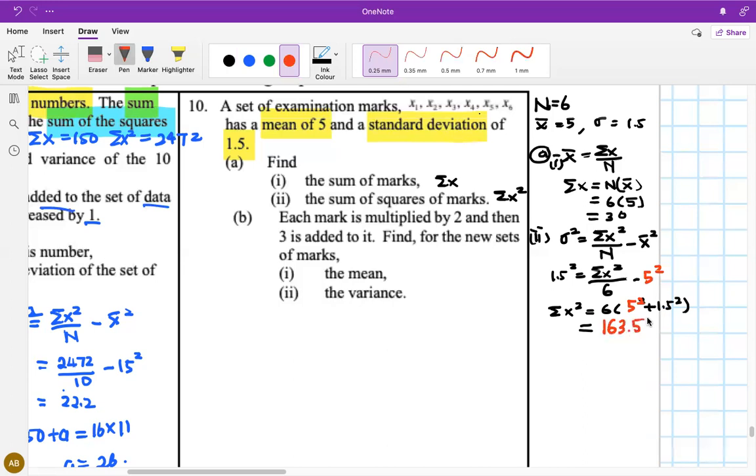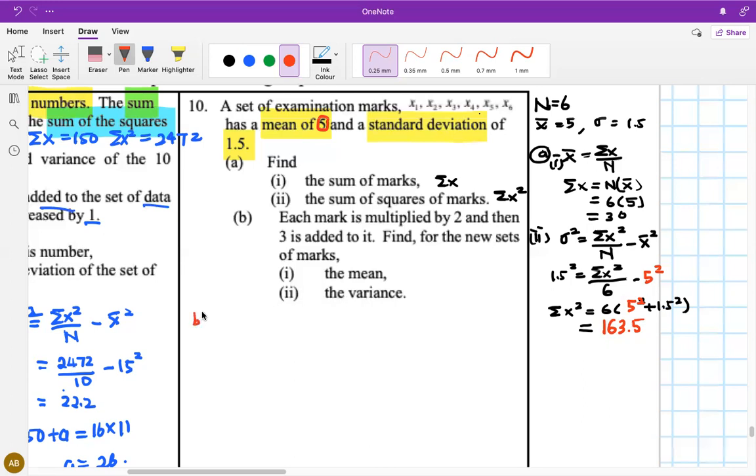Sorry about the mistake. So the mean is 5 here, so 5 squared plus 1.5 squared, and then you times 6, because of 6 data. So this is A1 and A2.